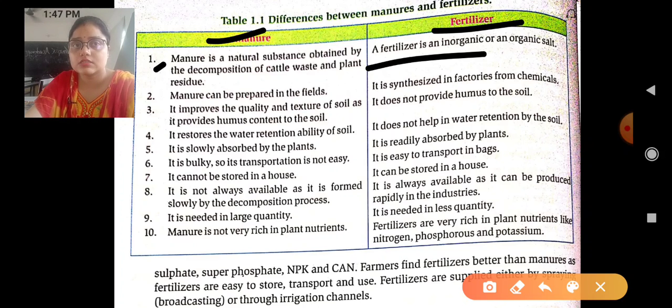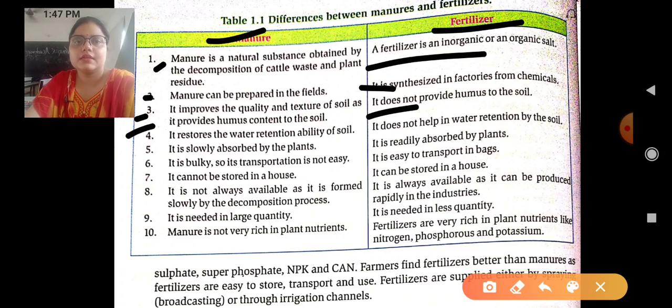Second one: manure can be prepared in the field, while fertilizer is synthesized in the factories from chemicals. Third one: manure improves the quality and texture of the soil as it provides humus to the soil. Fertilizer does not provide any humus to the soil.